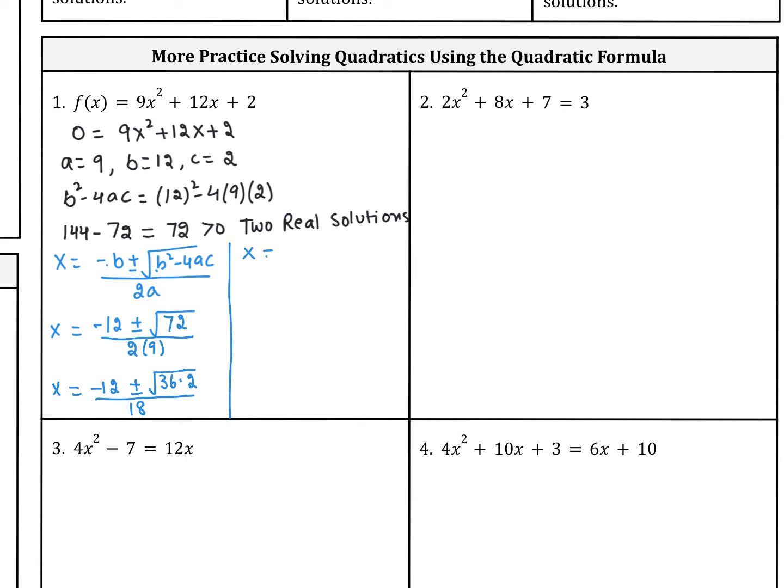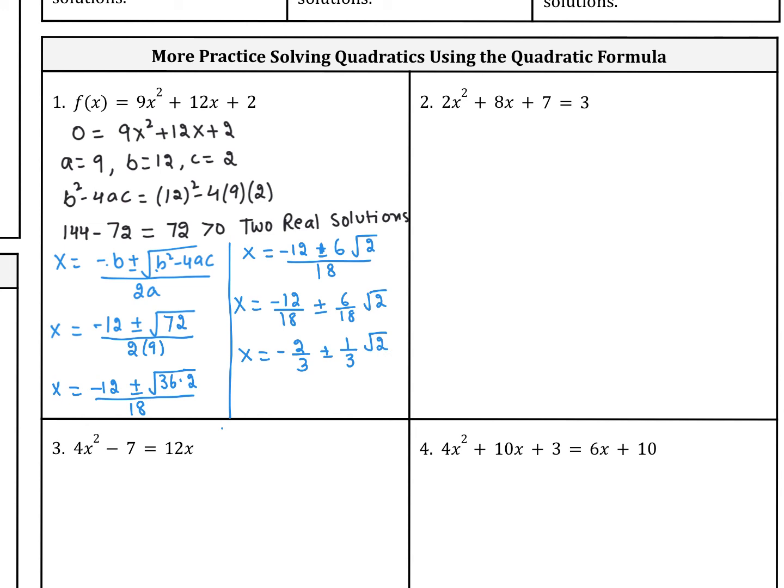You got here negative 12 plus or minus the square root of 36, which is 6, outside, and you have 2 inside, and on the bottom is 18. You can separate them and reduce them if you can. So negative 12 over 18 can be reduced as negative 2 over 3, plus or minus 1 over 3 square root 2.